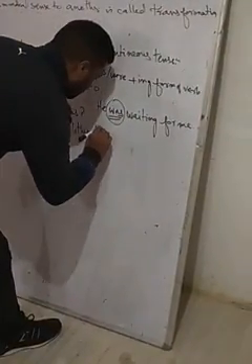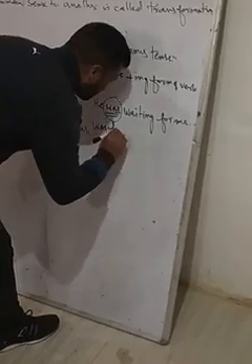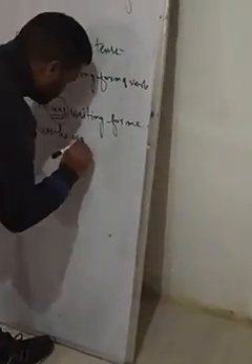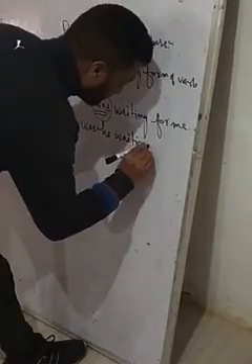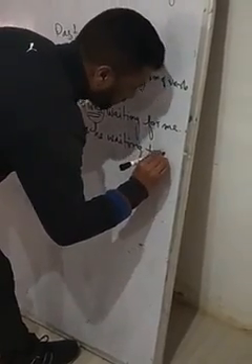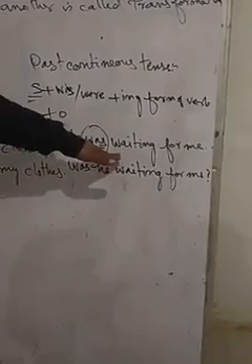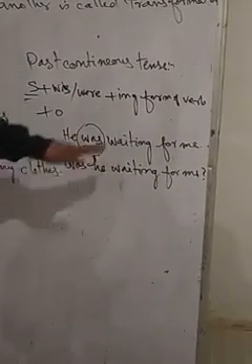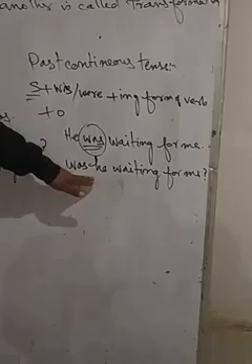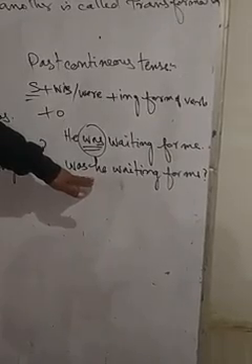So it becomes something like, was he waiting for me? And at the end of this sentence I put a question mark. Was he waiting for me? He was waiting for me. It's a positive sentence. Was he waiting for me? It's an interrogative sentence.